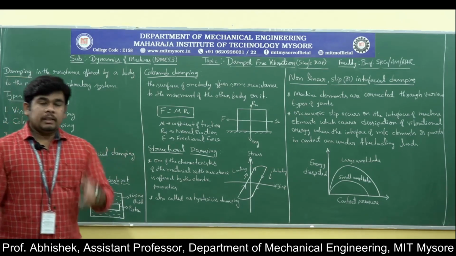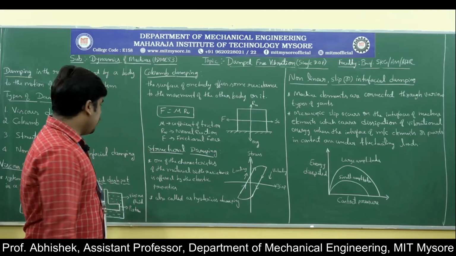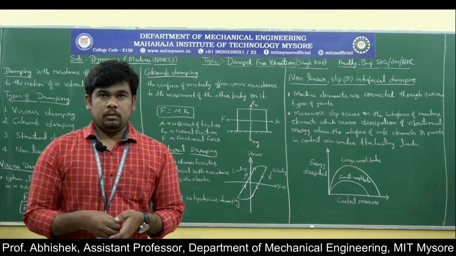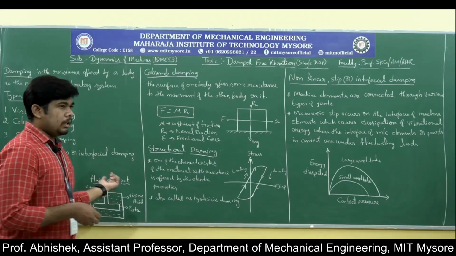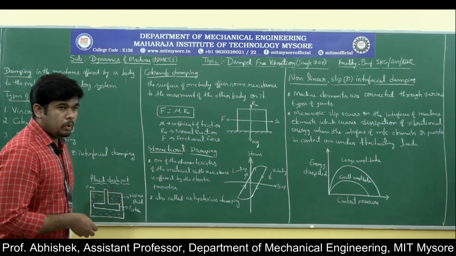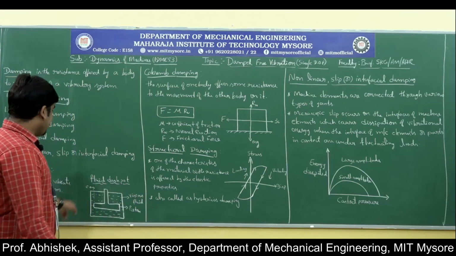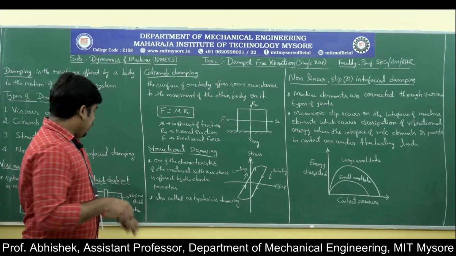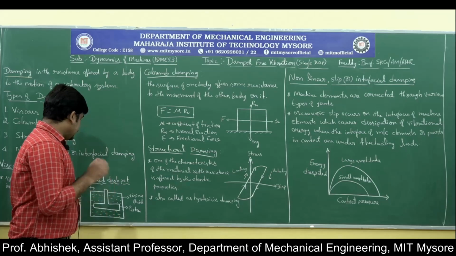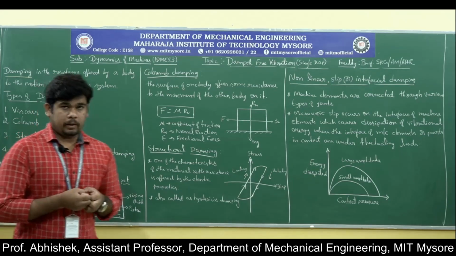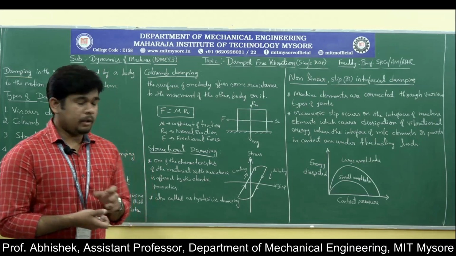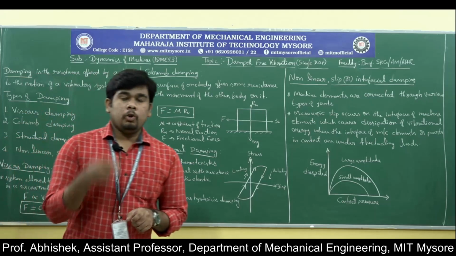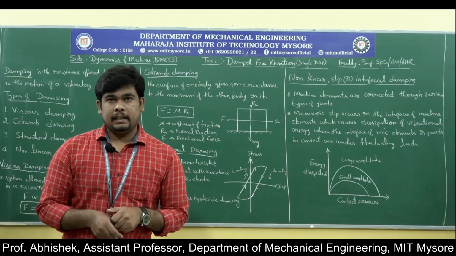So in the viscous damping system, there are some examples. I'll just consider one example for the viscous damping, that is the fluid dashpot system. Consider a cylinder filled with the liquid, then a piston is performing to and fro motion inside the cylinder.